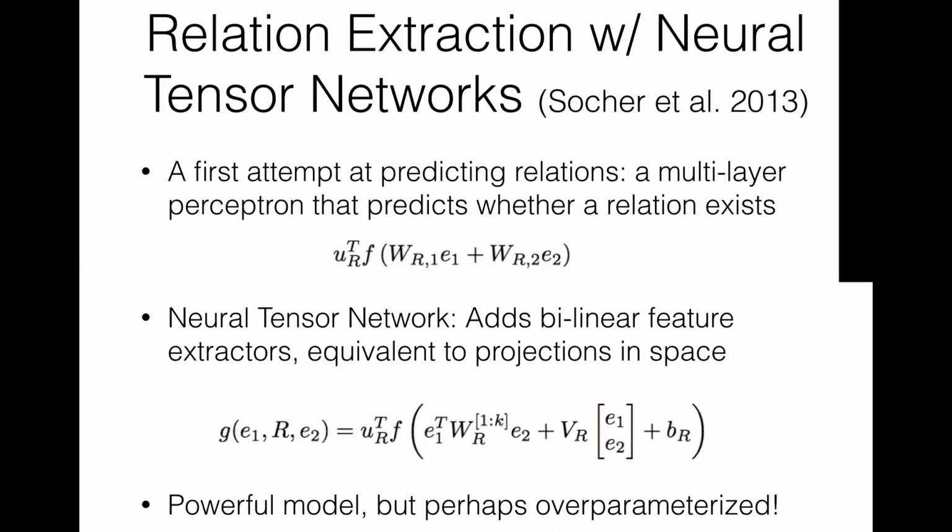Now that we're all familiar with how neural models work, it's basically a multi-layer perceptron that gives a score for a particular relation if there's any relation between the E1 and E2 in this equation. And Socher et al. in 2013 specifically proposed a network called neural tensor network.